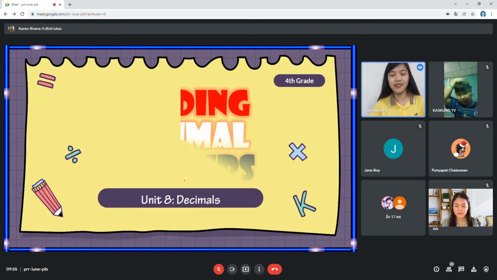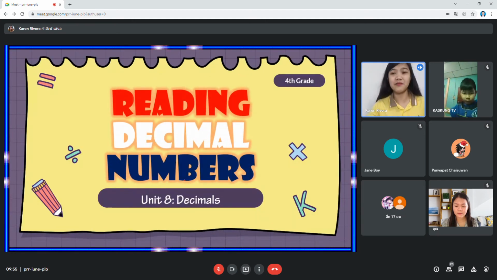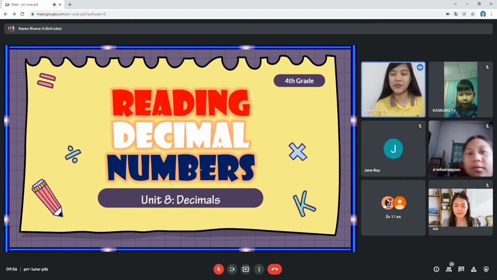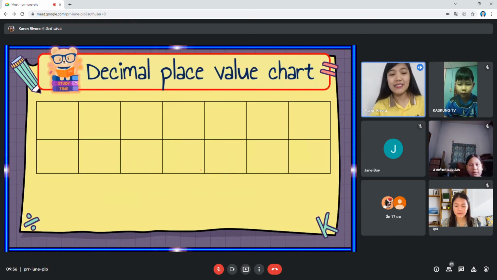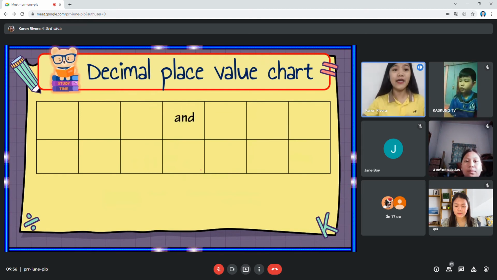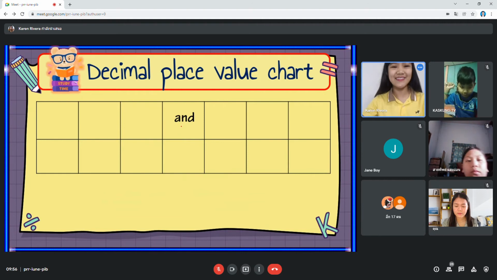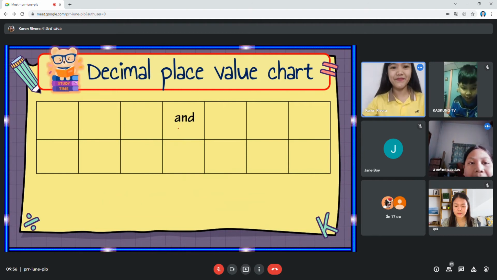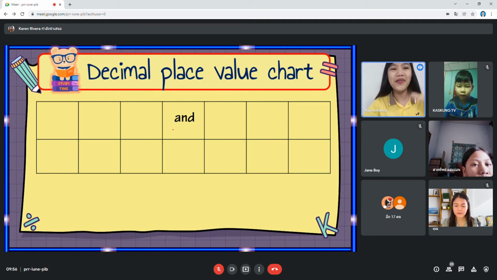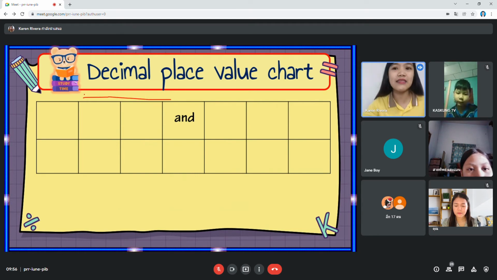First, let's proceed to our continuation, which is reading decimal numbers. First, let us know the place values. What word is this? And. So that and is a point. Now, what are the place values at the left side of the and? That is a whole number.